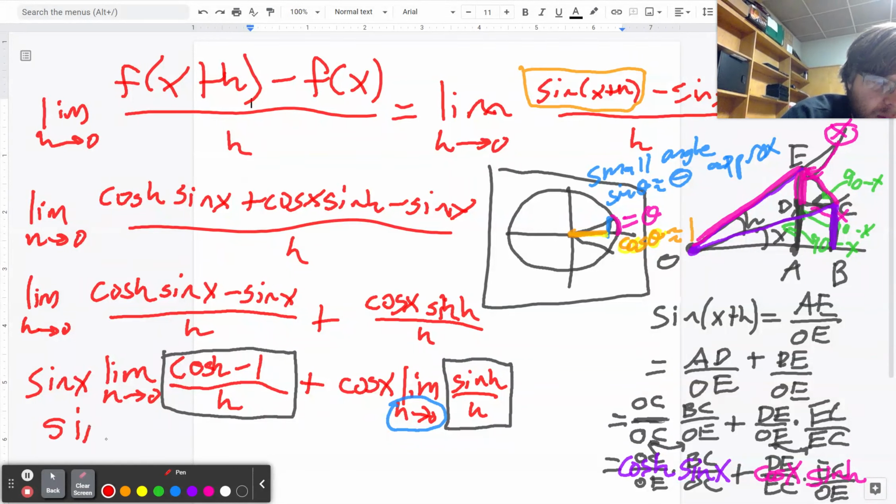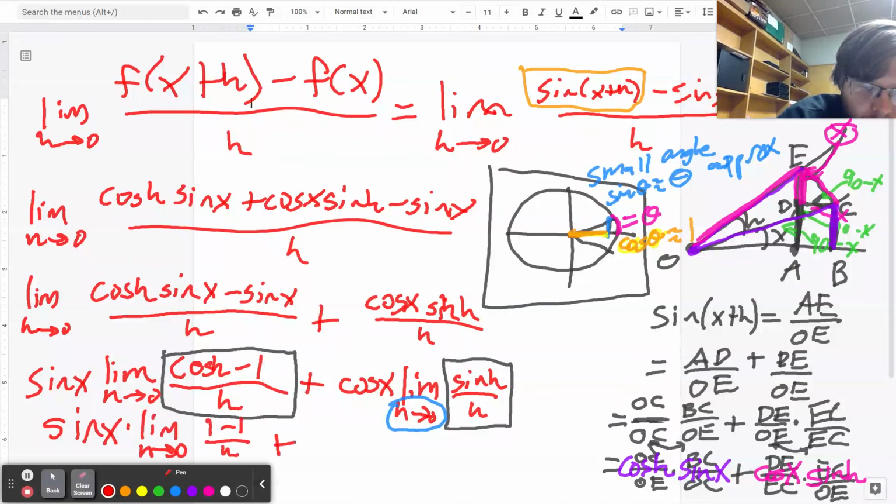We have sine of x times the limit as h approaches 0 of 1 minus 1 over h plus cosine x times the limit as h approaches 0 of h over h.